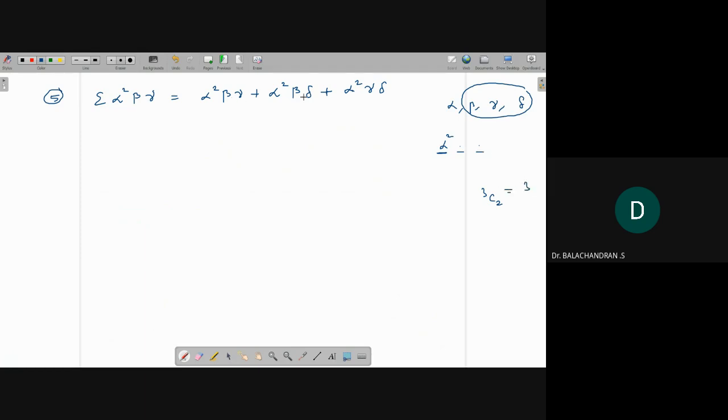So 1, 2, 3. Similarly, fix beta square here.